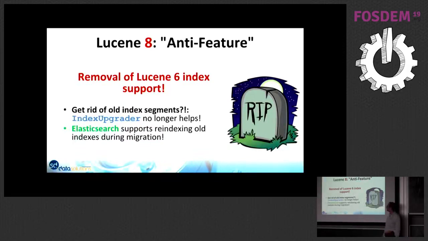Elasticsearch supports reindexing, but in Solr you have to figure out if all your fields are stored, and if they are stored, then you can do a reindexing, but there's no way around that.